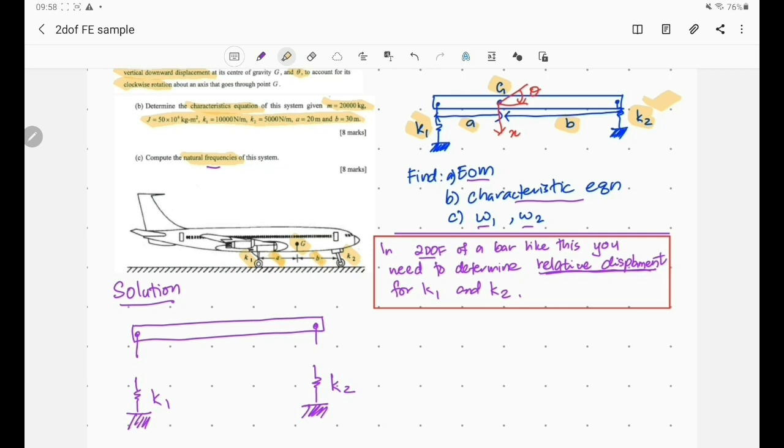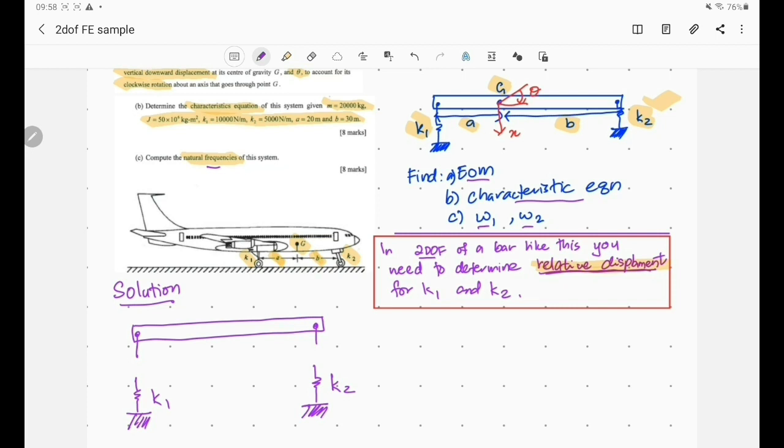So in that case, you do not need to draw it in the same direction of your motion. You just need to draw it straight. So basically you can see here it's just a straight bar. I don't slant it any other way, because you will have to decide on the relative displacement. So that's the first thing that you need to take note of.